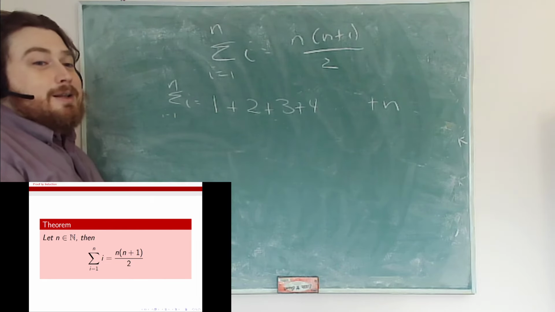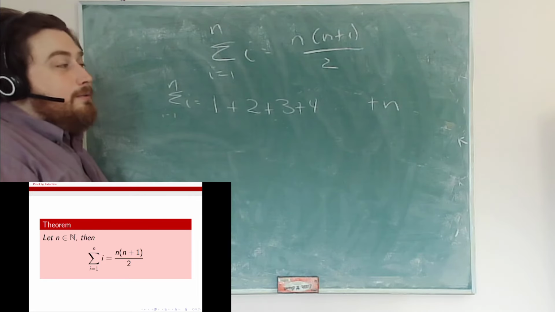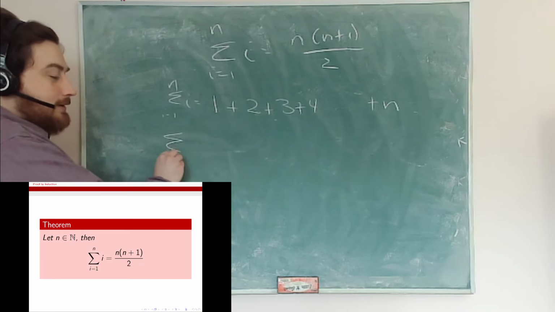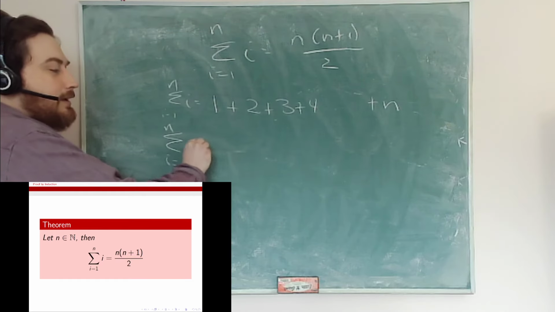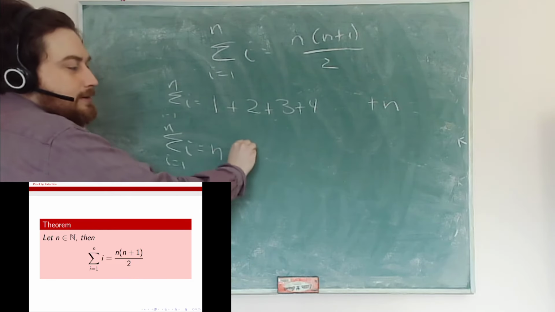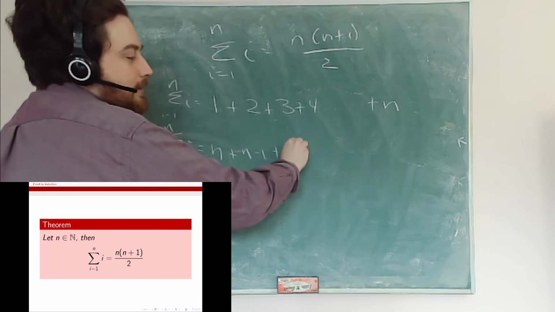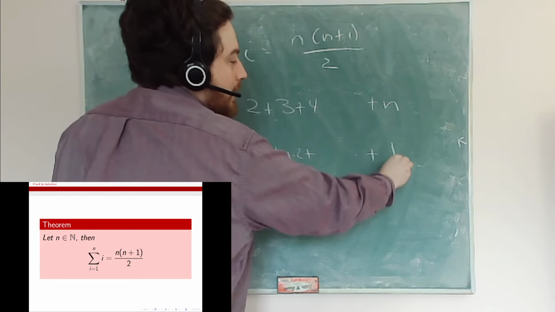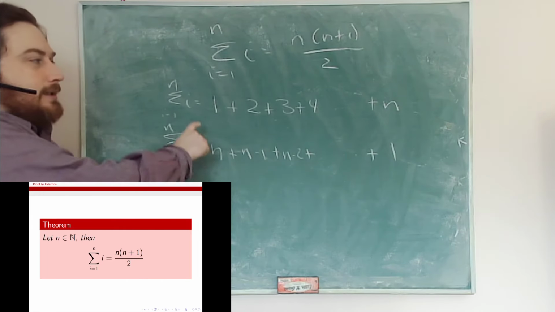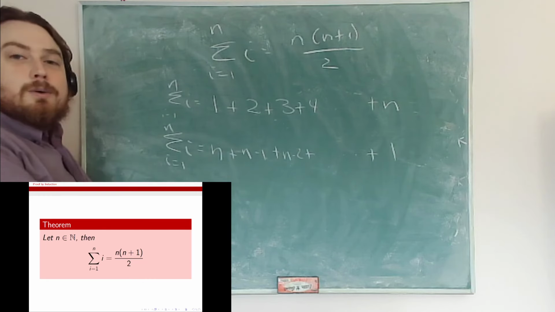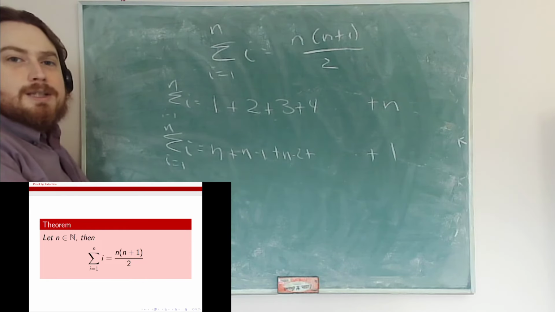All right. Anyway, what he did and how he found this was that he just said the sum from 1 to n of i is also equal to n plus n minus 1 plus n minus 2 down to plus 1. So what he realized is that if I write this sum and I reverse the order, it's going to be the same thing.